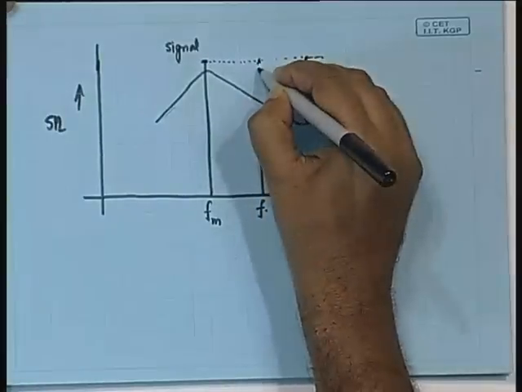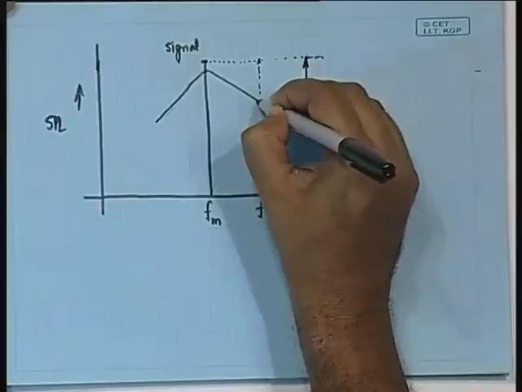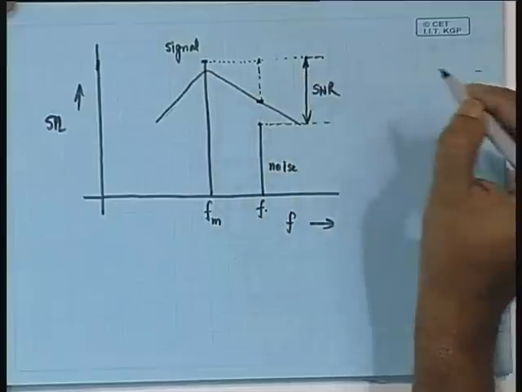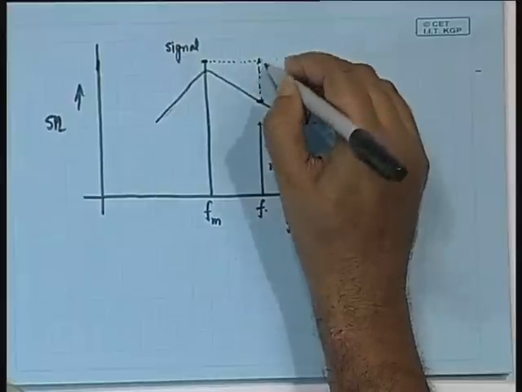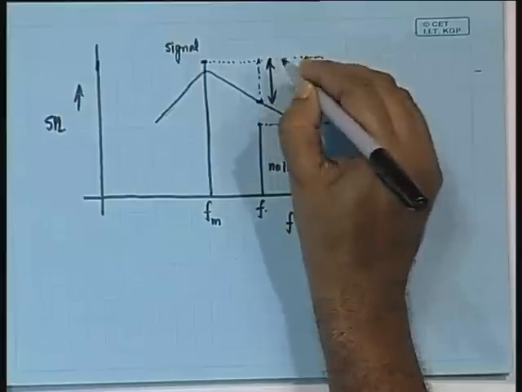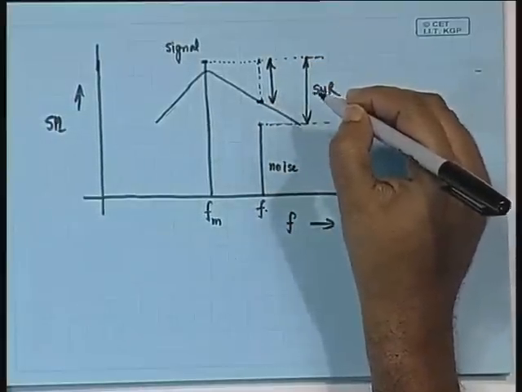Now, here you see something interesting: this is the masking threshold at the frequency f. If you calculate the difference in height between this signal level and the masking threshold, what does that signify?